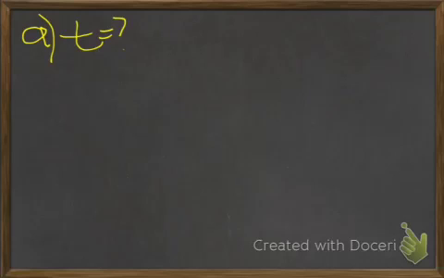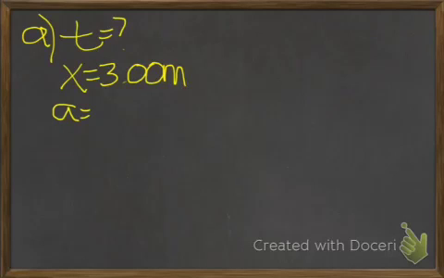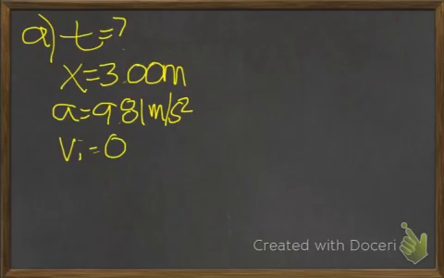Our final position is going to be 3, and since our initial position is 0, we don't have to worry about the change in position for this equation, just the position. Acceleration is our acceleration due to gravity, which is 9.81. Since we're going the same direction as gravity, we'd keep that as a positive. And our initial velocity is 0.